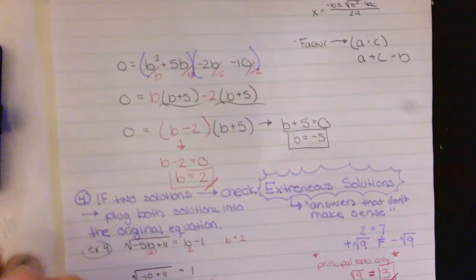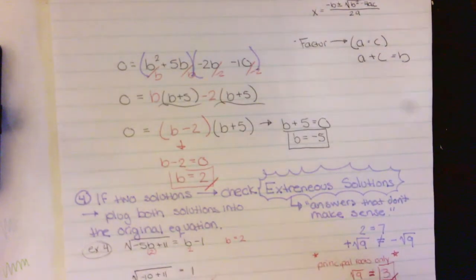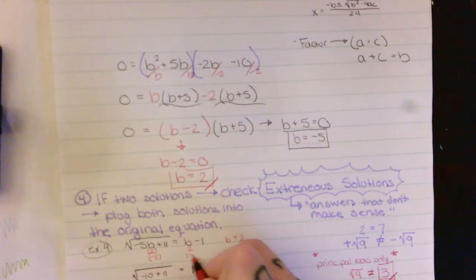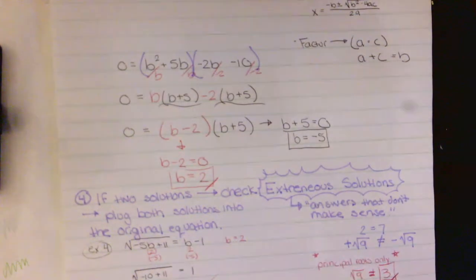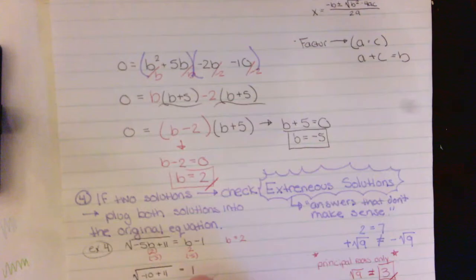Hooray, b equals 2 is an answer. Let's try when b equals negative 5. Okay, so if I put in negative 5 for b, now I'll have square root. Here, let's draw a little squiggly. So now I've got the square root of negative 5 times negative 5. That's 25. Plus 11.